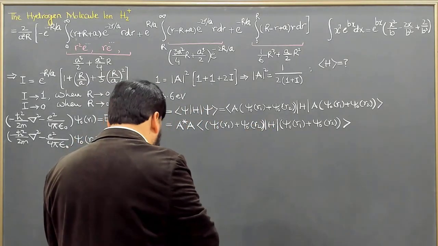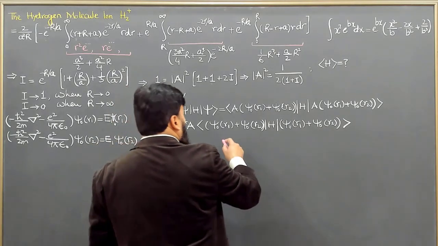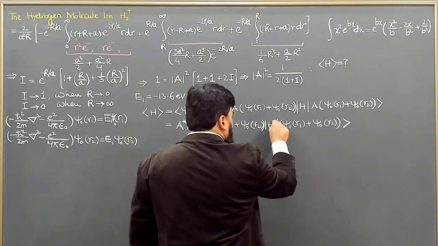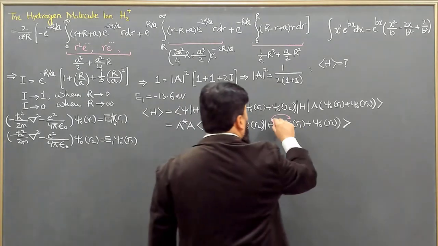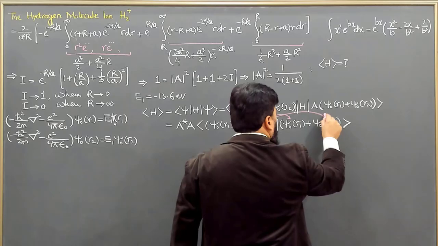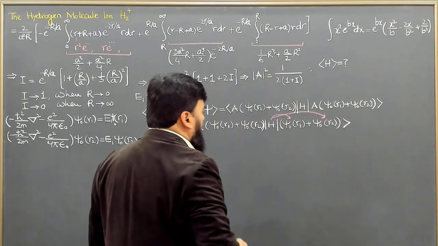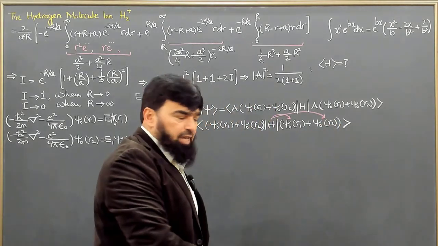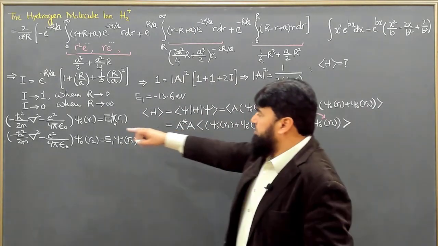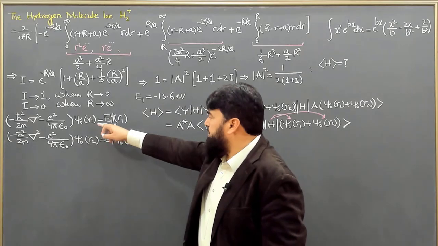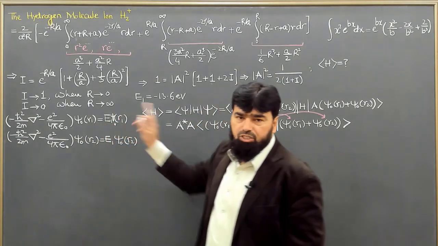Now what we will do here: this H will operate on psi naught R1, and then this H will operate on psi naught R2. In both situations, when H operates here, we will have E1.